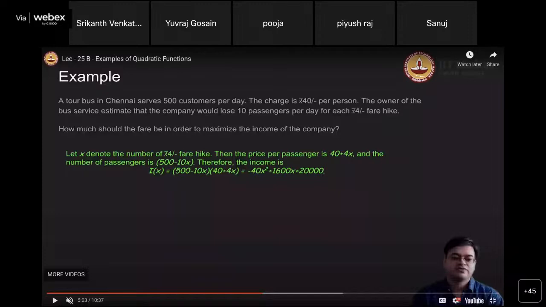If you are the conductor and have 100 passengers traveling, you collect 40 rupees from each of the 100 persons. So 40 plus 40 plus 40, 100 times, the final income will be 40 times 100. Correct? Yes, sir.